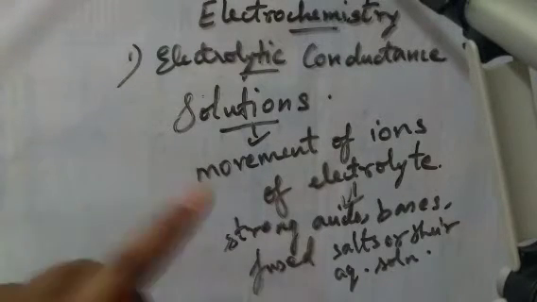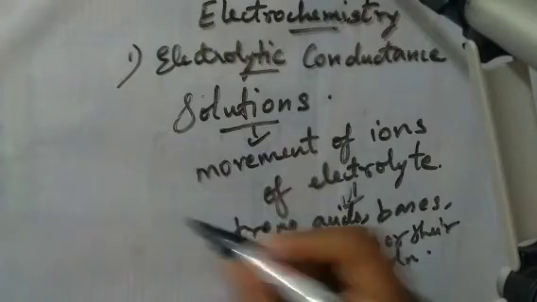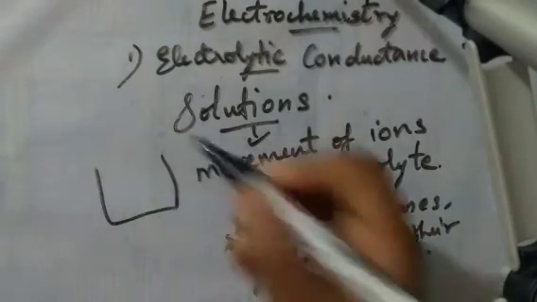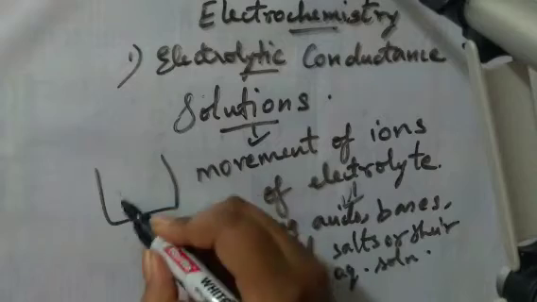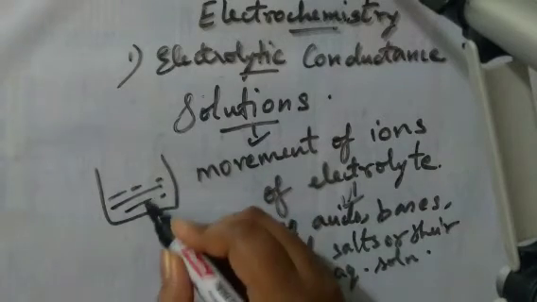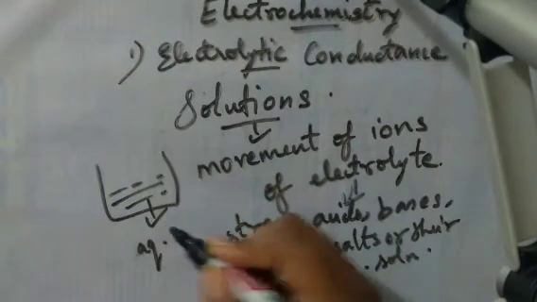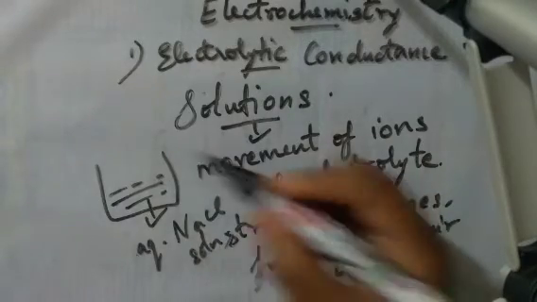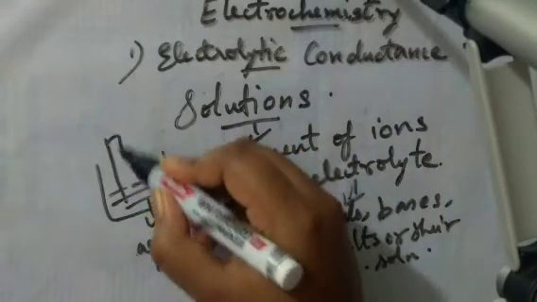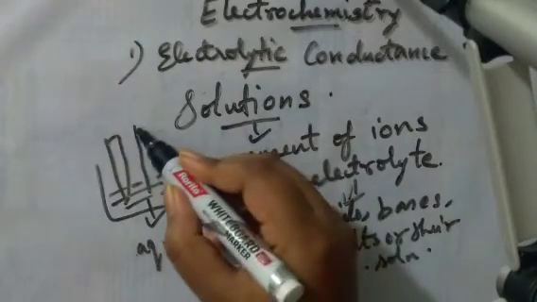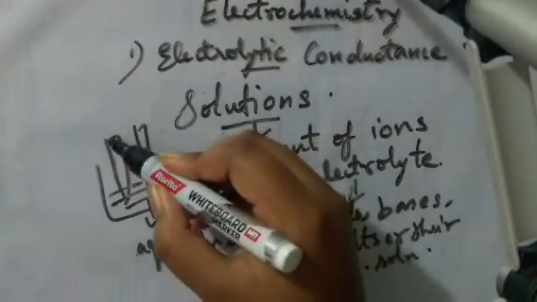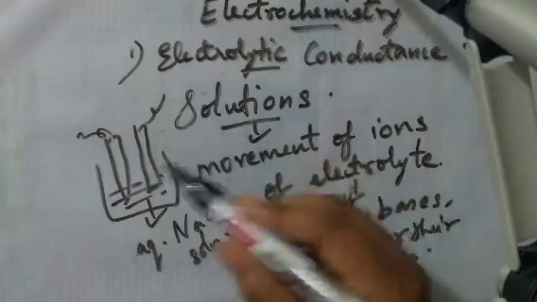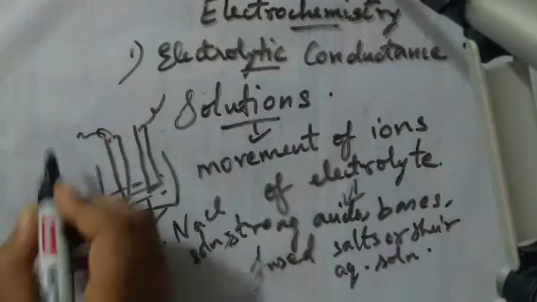Suppose you are taking a beaker with electrolyte, considering aqueous NaCl solution. Now taking two electrodes, you apply some potential difference.